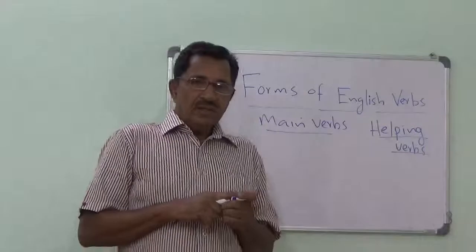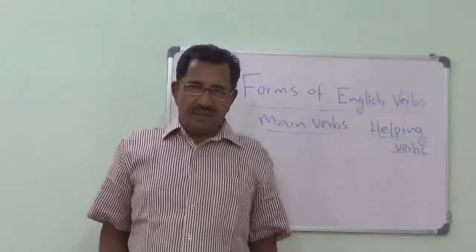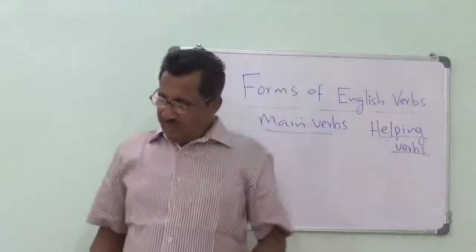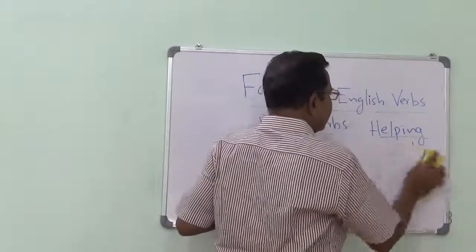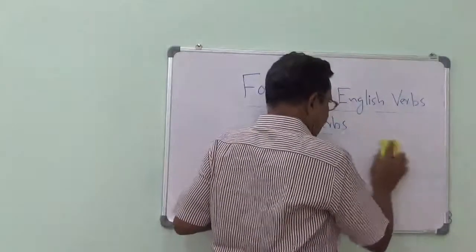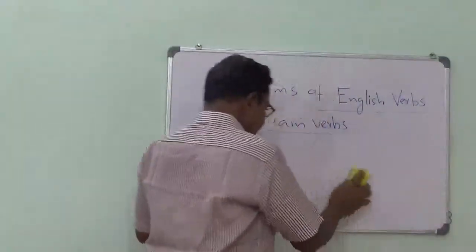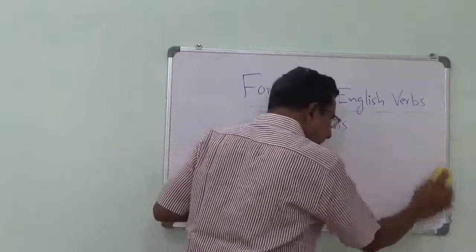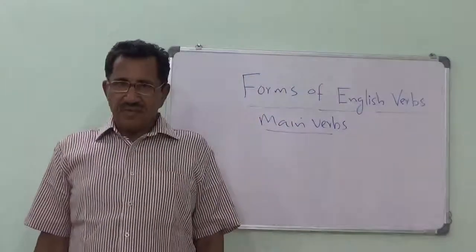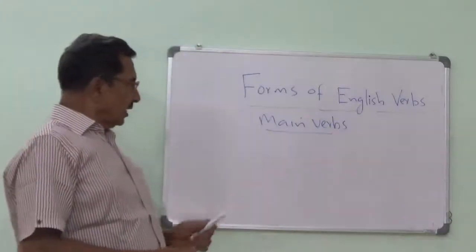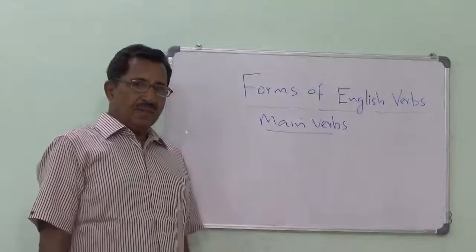Of course, they behave differently. Now, today we will take only the main verbs. Helping verbs we will see later, because helping verbs are limited in number. Very limited. So that we shall see later. Today let's see what are main verbs.